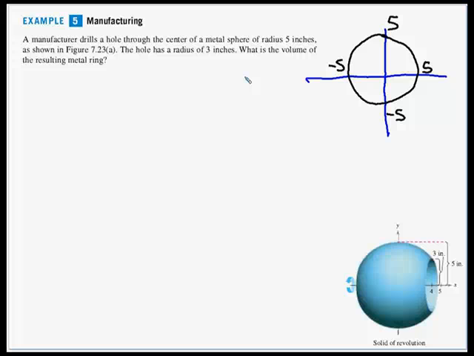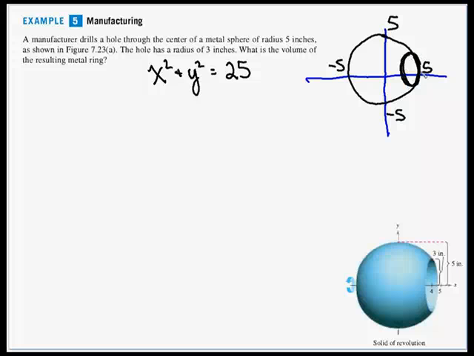So we need a formula to work with. The formula for a circle in the plane is x squared plus y squared equals r squared, or radius squared. Here our radius is 5, so we square it and get 25. We are going to be spinning this around.